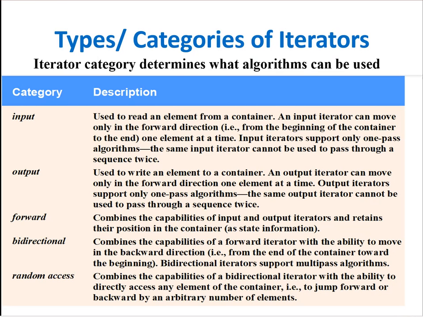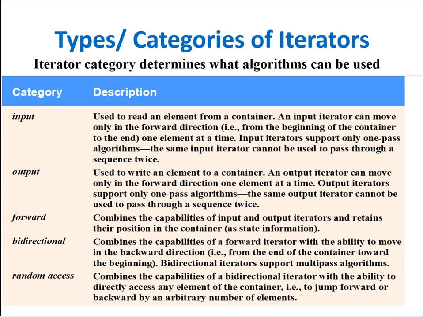Input, as we know, is used to read an element from the container, and the input iterator can move only in the forward direction from the beginning of the container to the end of the container, one element at a time. Input iterator supports only one pass algorithm. The same input iterator cannot be used to pass through a sequence twice.